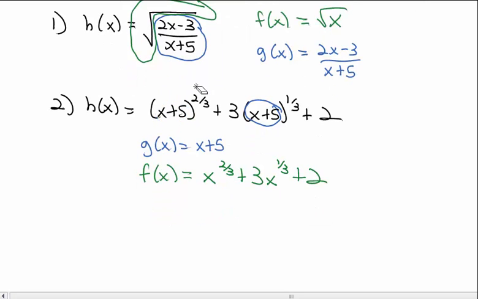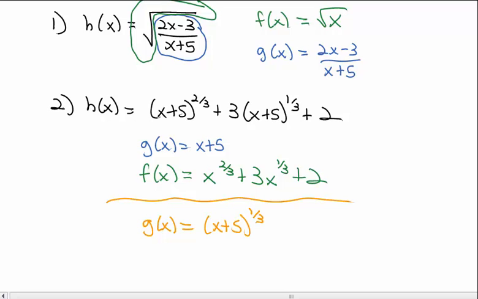But that's not necessarily the only way to think about it. What if we took the 1/3 part with it? g of x could have been thought about as x plus 5 to the 1/3 power.